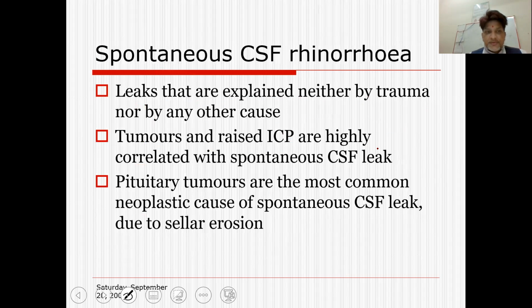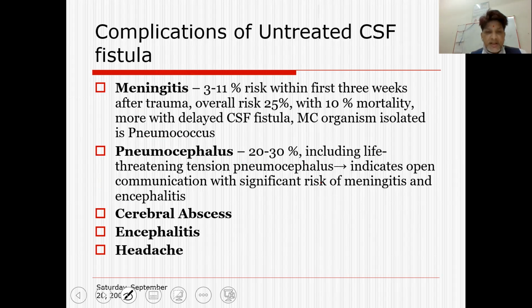Spontaneous, as I've already discussed, in case of tumors or pituitary tumors, may cause demineralization of the bone. And even in a case of osteomyelitis, that is inflammation of bone marrow, there may be a CSF leak because of the disruption of the integrity of the bone involved, especially the frontal bone and the ethmoidal complex.